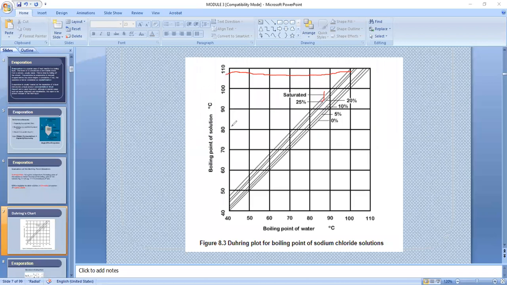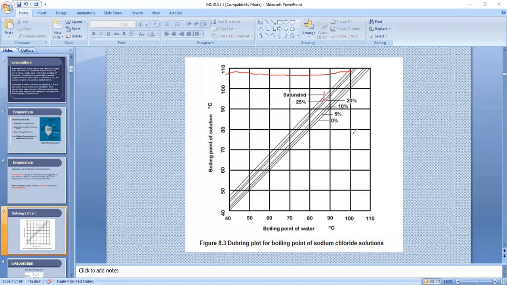Oftentimes, if the pressure or temperature of the feed is not given, we use the saturation temperature at the indicated operating pressure of the evaporator. Whatever the operating pressure of your evaporator is, get its saturation temperature. That would be the boiling point of pure water at that pressure. But since you have a certain amount of solids, it will of course increase.